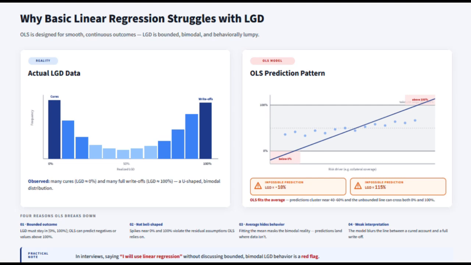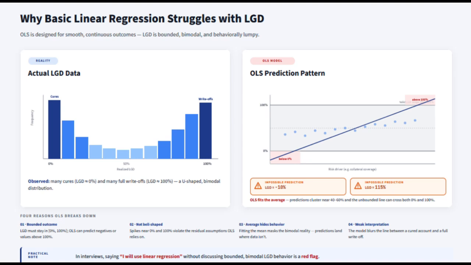So why does standard regression fail here? If you run a standard, or I would say ordinary least squares regression on bimodal data, which assumes normally distributed residuals, it can predict impossible values and give a poor fit to the actual data distribution.